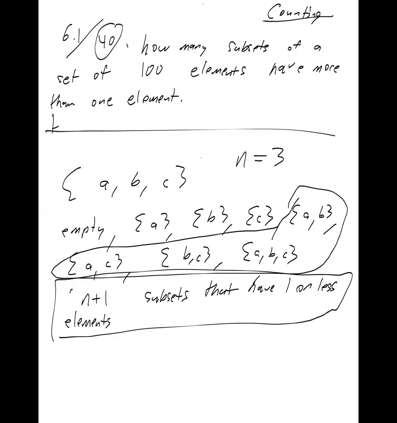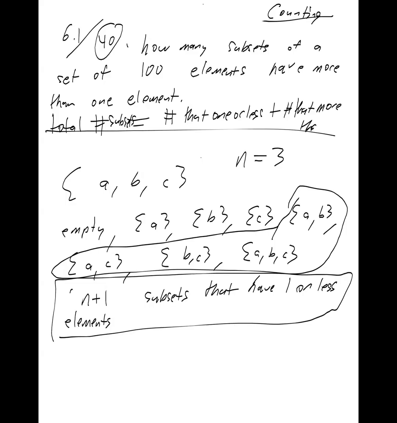Right. So the total number of subsets is equal to the number that have 1 or fewer elements plus the number that have more than 1 element.